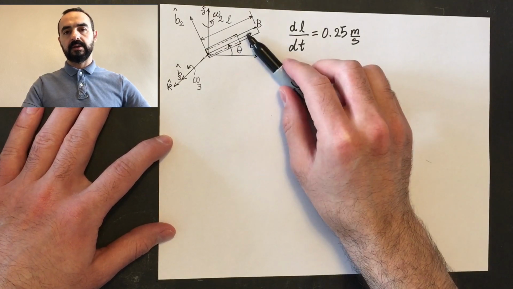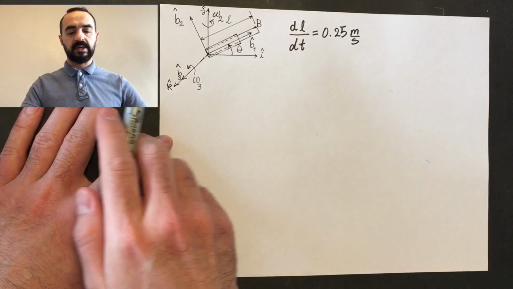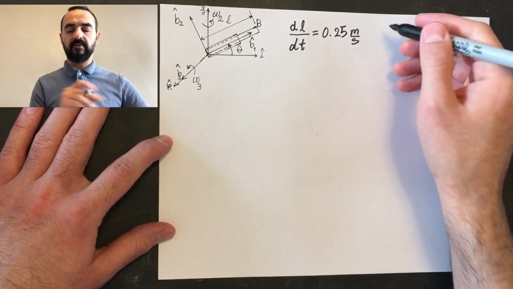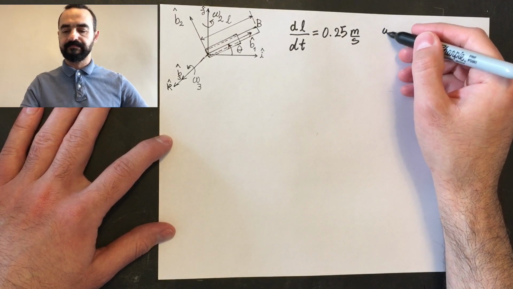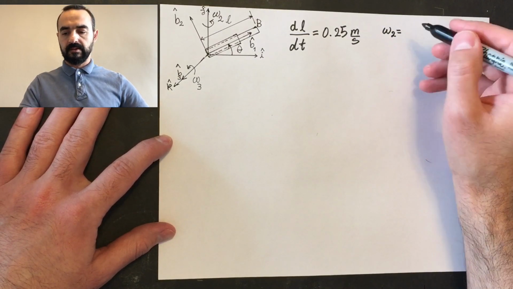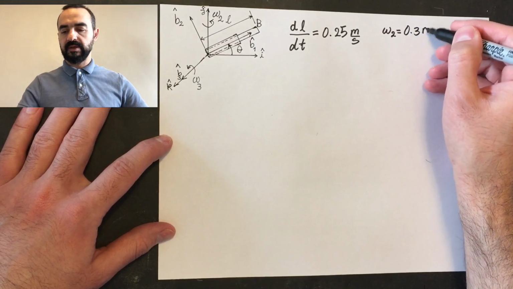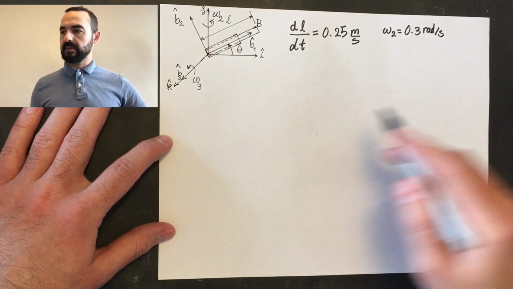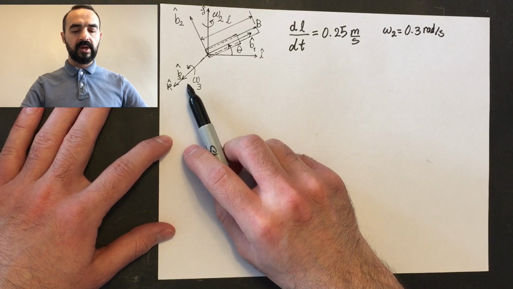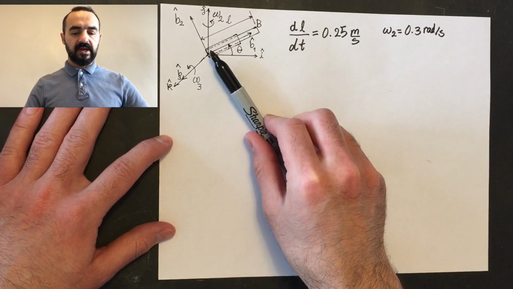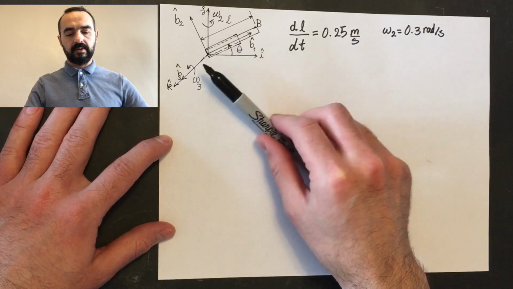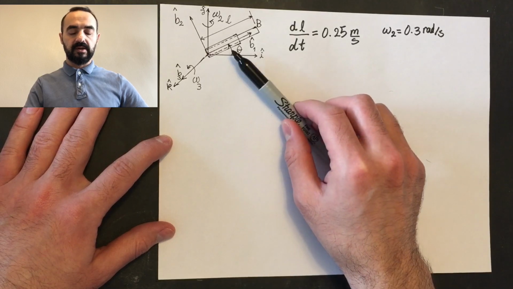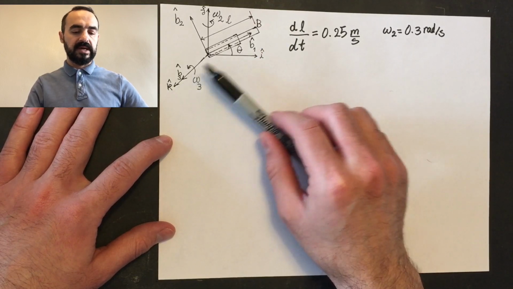And as this arm extends, both arms are rotating about the j hat axis. So we have this j hat axis and we have omega 2, and omega 2 is 0.3 radians per second. And then we also have omega 3, meaning that as both arms rotate about the j hat axis, they also rotate about the k hat axis.